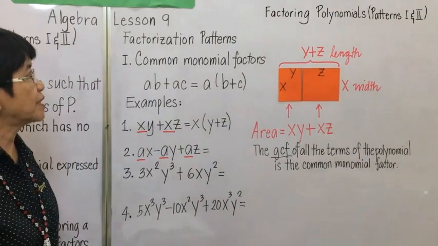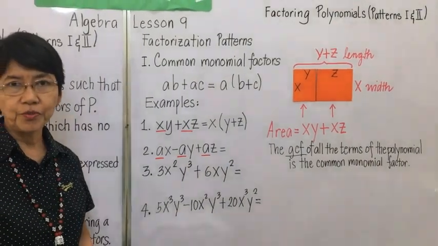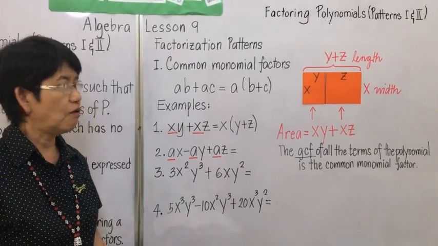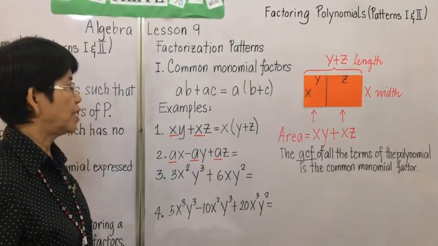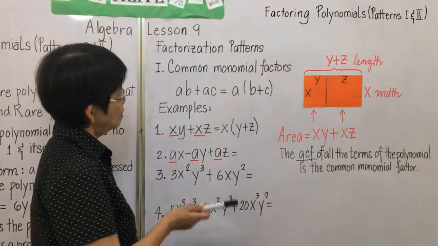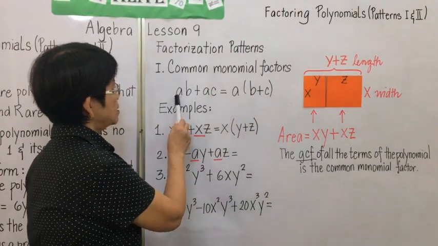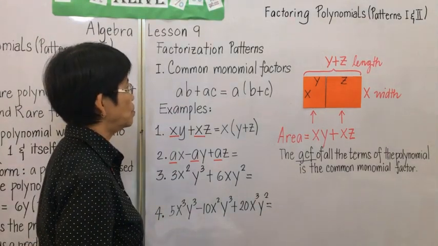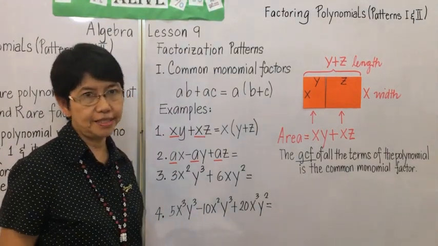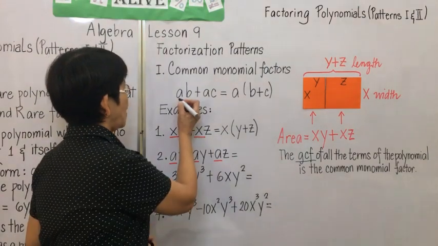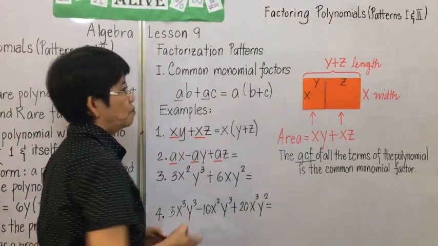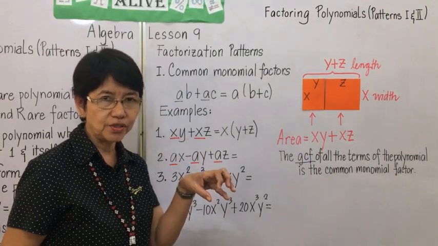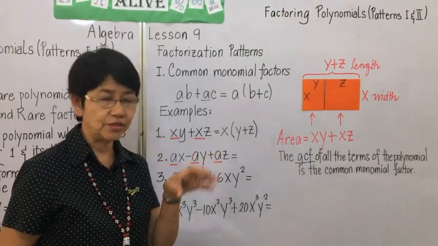The first pattern is common monomial factor, or you have to get the common monomial factor of a given polynomial. Example, the pattern is AB plus AC is equal to A times B plus C. We get the common factor A for both terms in the polynomial, and then remove that common factor and make it the first factor.